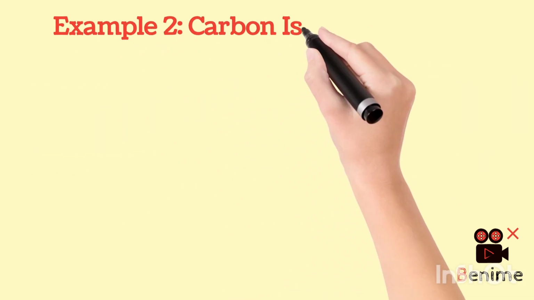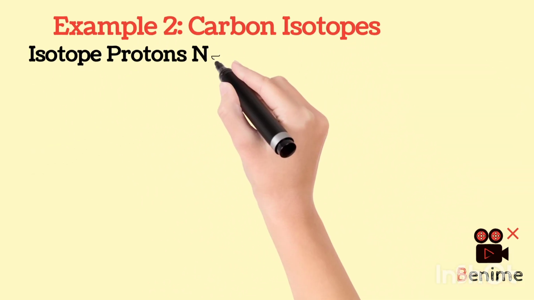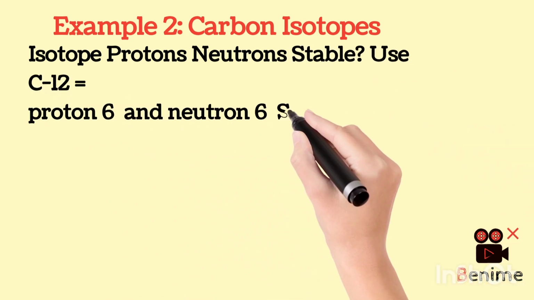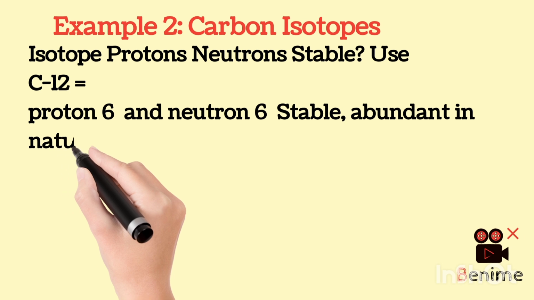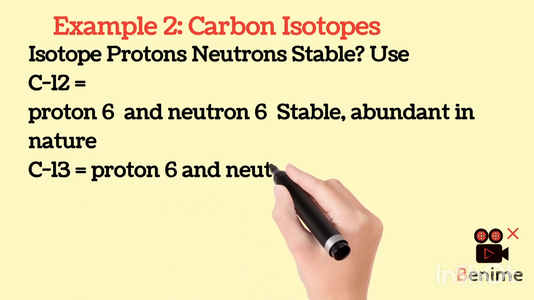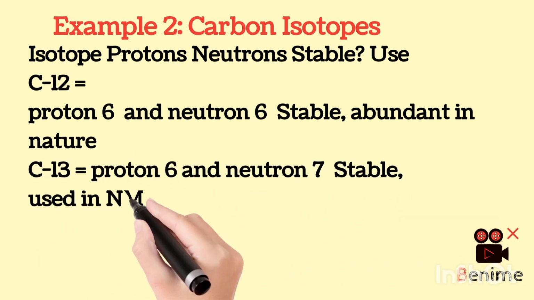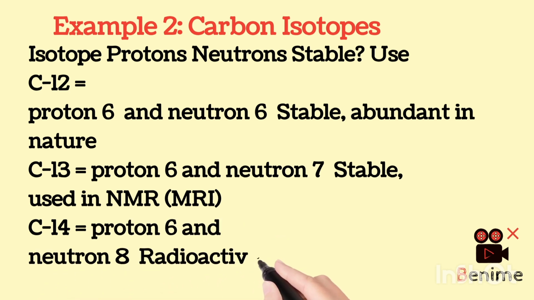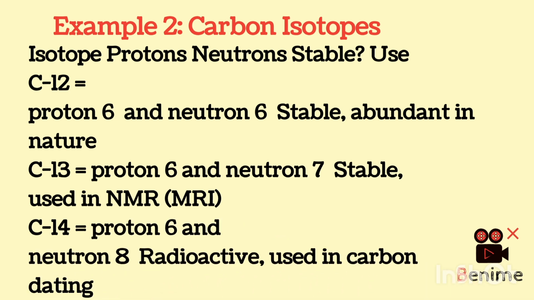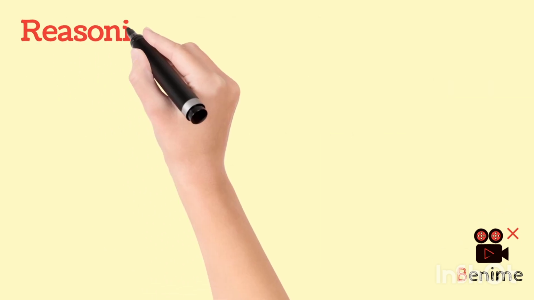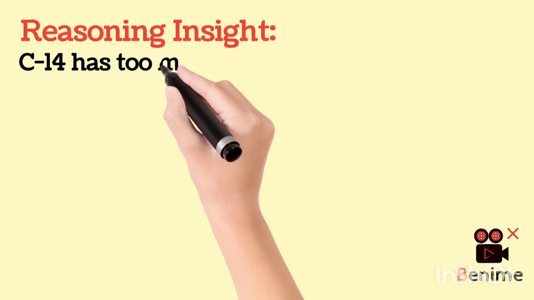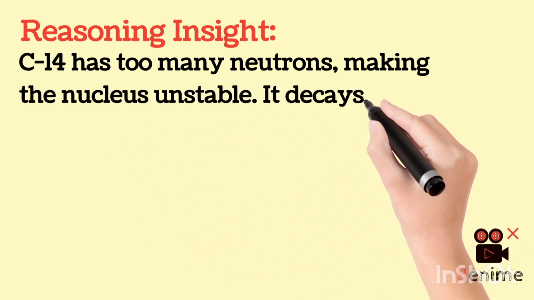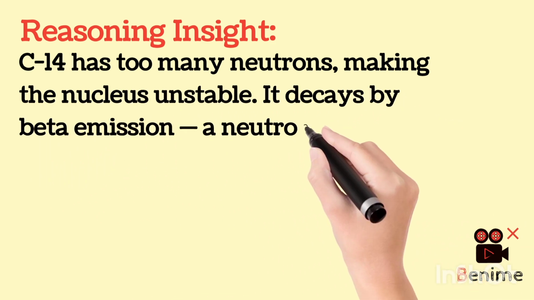In the second example we take isotopes of carbon, in which carbon-12 is more stable due to an equal number of protons and neutrons, which makes them perfectly balanced, whereas carbon-14 is unstable due to 8 neutrons with respect to 6 protons. The reason behind all this is the increased distance between protons and neutrons within the nucleus. The unstable carbon-14 becomes stable by beta emission, in which a neutron is converted into an electron and a proton.